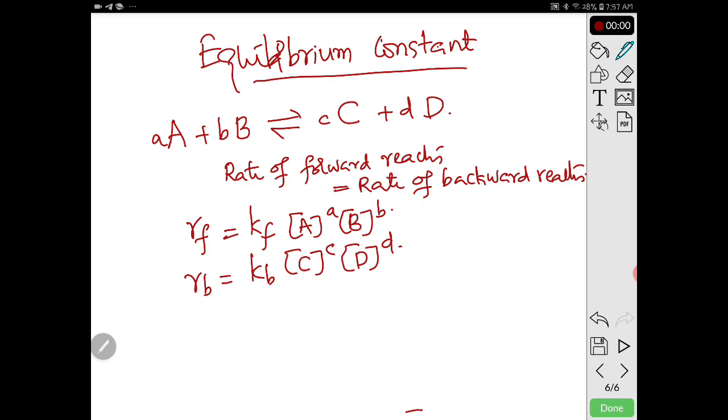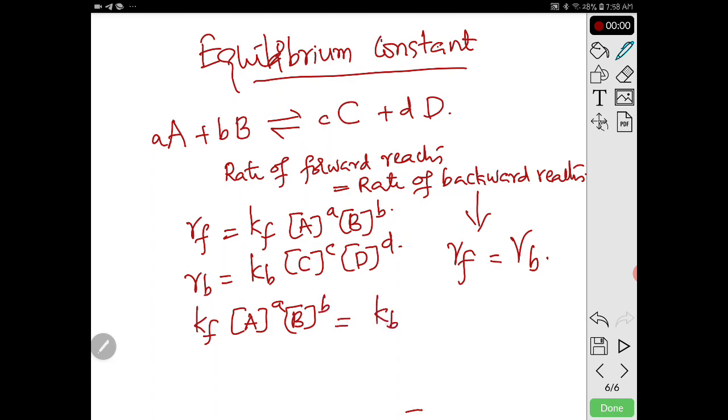If you equate both, because at equilibrium Rf is equal to Rb, you can write Kf into [A]^a [B]^b is equal to Kb into [C]^c [D]^d.